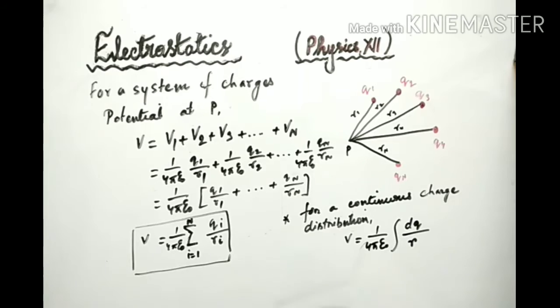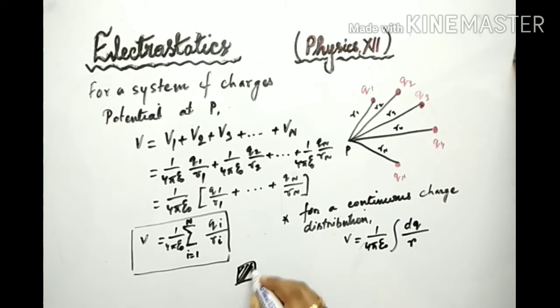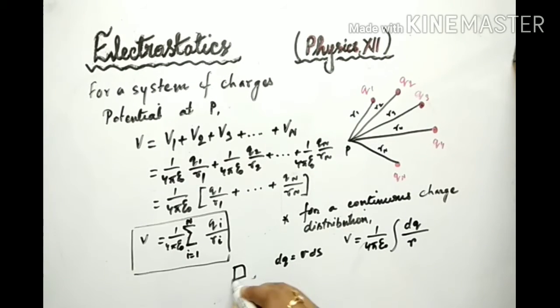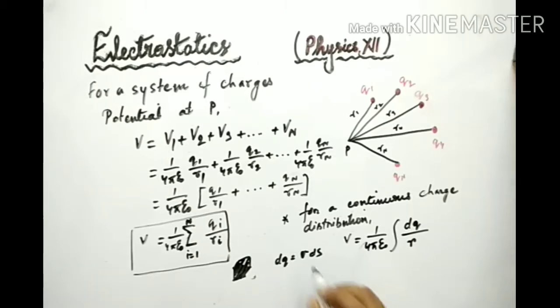So suppose when the charge distribution is in the form of a surface distribution, then in place of dq we will write sigma ds, and if it is a volume, suppose it is in the form of a cube, then again we will write it as rho dV.